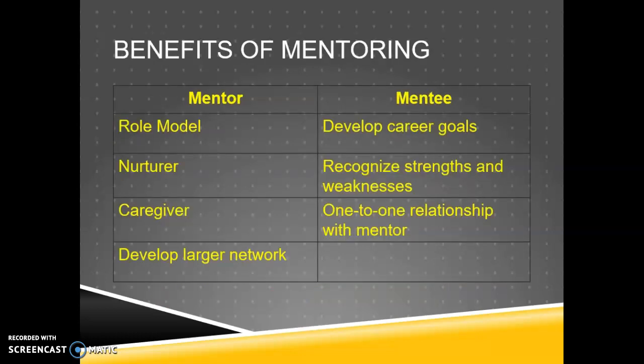This slide talks a little bit about the benefits of mentoring. You all have probably had some mentors before who've helped you in different things. You're getting ready to have a preceptor as a new graduate, and so sometimes that preceptor will just be a functional preceptor to get you through different tasks being checked off.